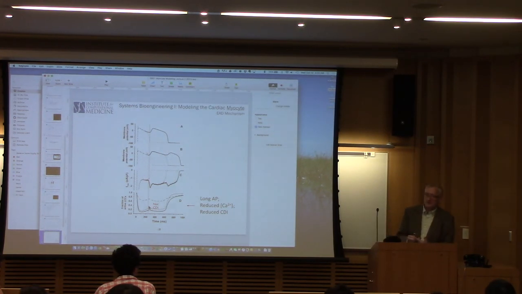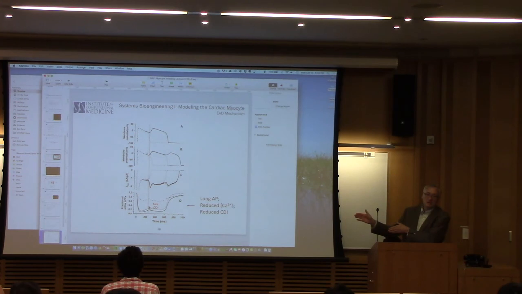Now, I went through this not just so that you could understand the mechanism, but so that you can see that this is a very general mechanism of arrhythmia. Anything that prolongs action potential duration, whether or not it has anything to do with calcium channels or sodium channel mutations, has the possibility of contributing to the generation of these kinds of arrhythmias at the cellular level.